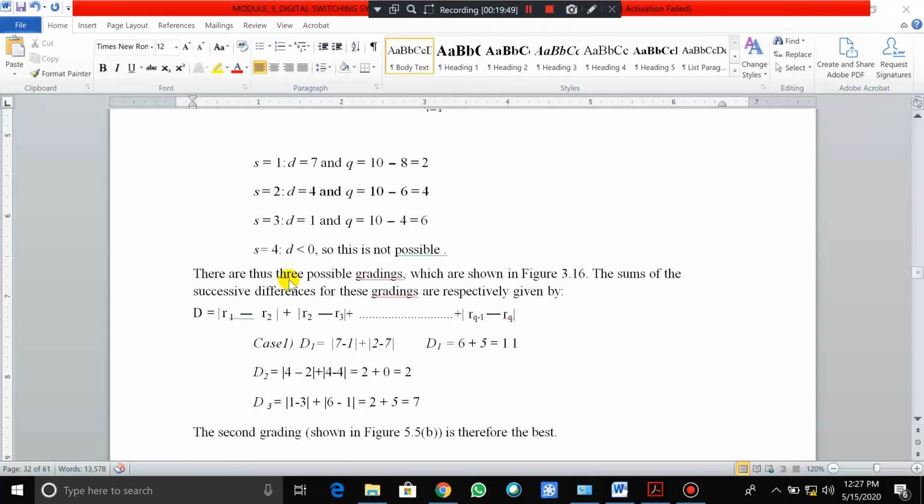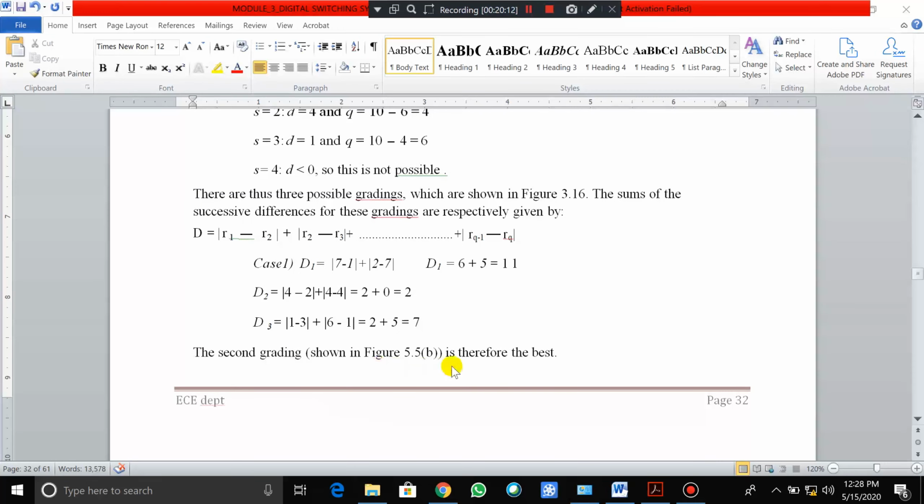There are thus only three possible gradings, which are shown in the figure. The sums of successive differences of these gradings respectively are given by this equation, and we have D1 as 11, D2 as 2, and D3 as 7. Just substitute the values and find out the answer.